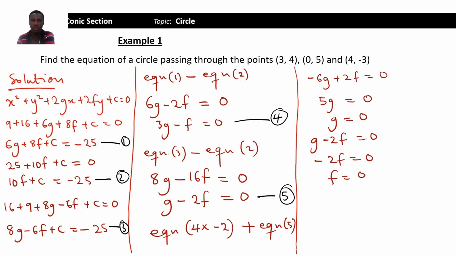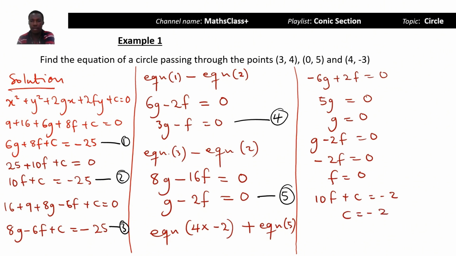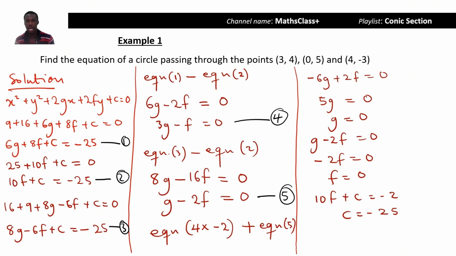Now, if I substitute f into equation 2, I'll have 10f plus c is equal to minus 25. So if f is 0, then c is equal to minus 25. Okay, so now I have j 0, I have f 0, and I have c to be negative 25.